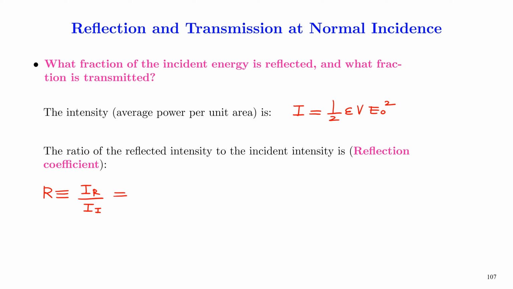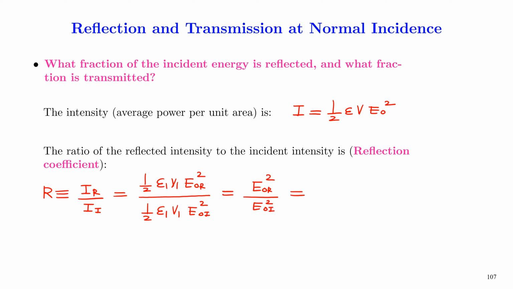And this is equal to half epsilon 1 V1 E0R square divided by half epsilon 1 V1 E0I square. Upon simplification, this becomes E0R square divided by E0I square.